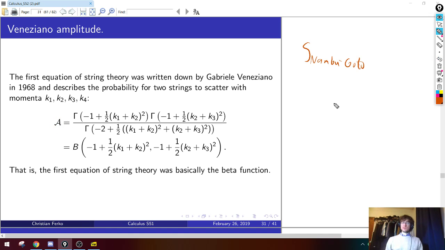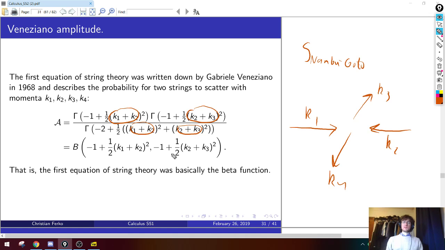So you say, okay, I don't see any angles in here. Well, the angles are kind of hidden in these k's. If you have some guy coming in at k1 and k2, and the output guys going at k3 and k4, these guys are vectors that carry some information about the angles, so these k's are secretly hiding some angular dependence and some energy dependence.